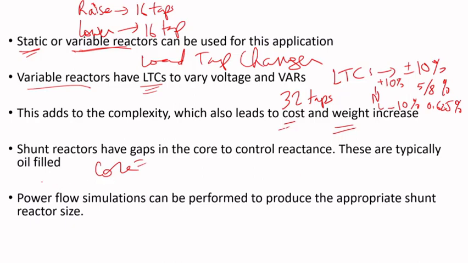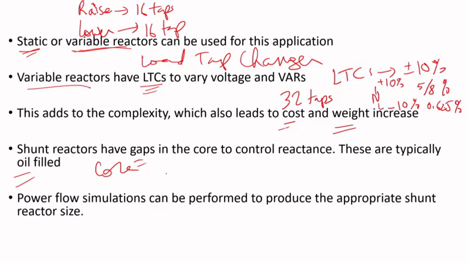These are typically oil filled, because you can have shunt reactors that are dry, with air as their core. But the ones that are used to control voltage or bring voltage down under light load conditions, or when one side is open, are typically oil filled.